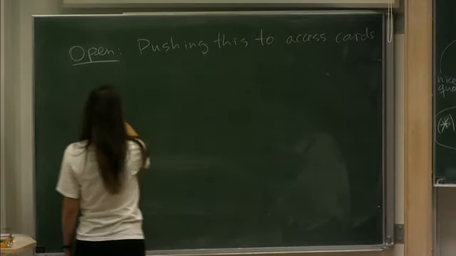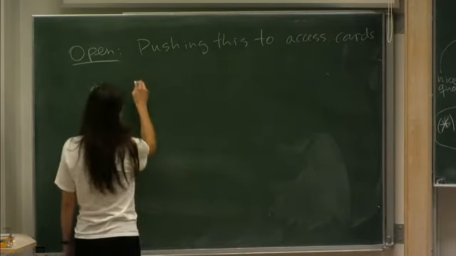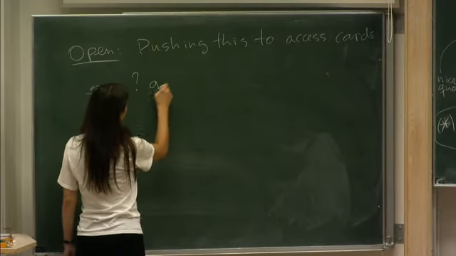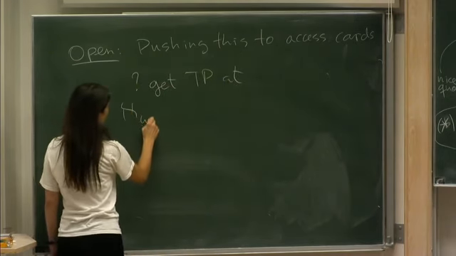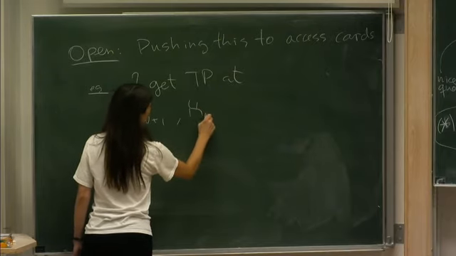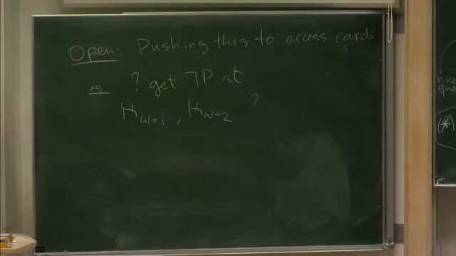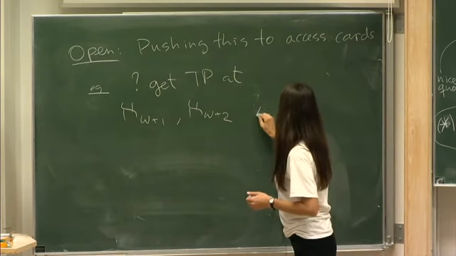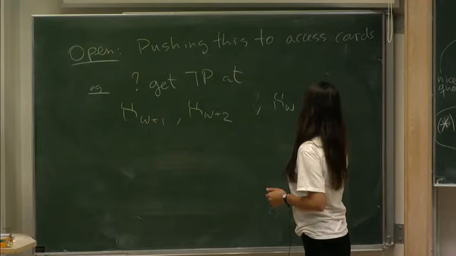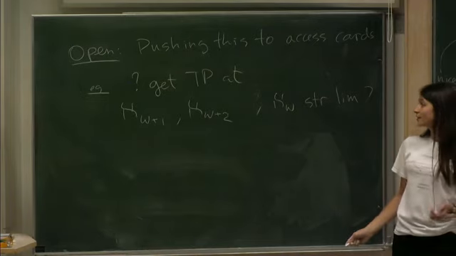So, for example, and I think I said this in the very beginning, can we get the tree property at Aleph omega plus 1 and Aleph omega plus 2? So, right now, this is very much open. With Aleph omega strong limit. Yes, you're right. Or Aleph omega strong limit, otherwise you can. Okay. Right now this is still very much open.